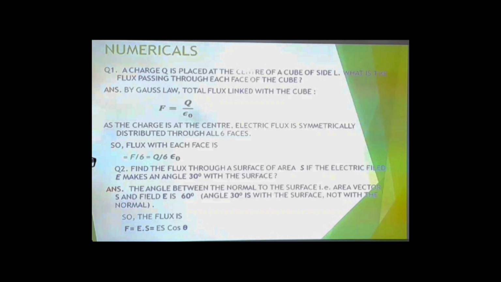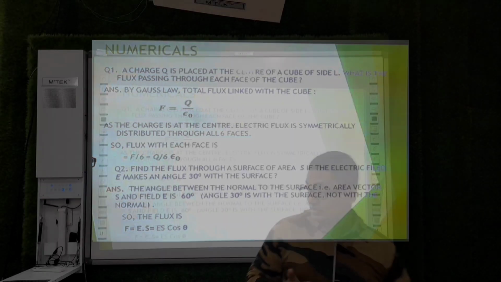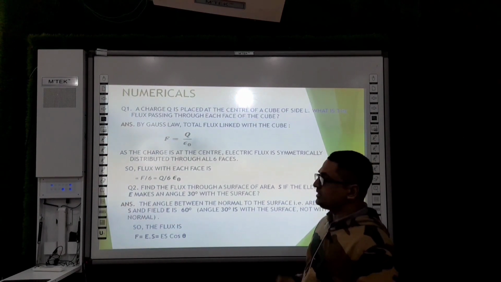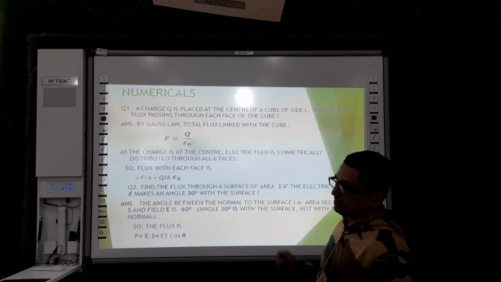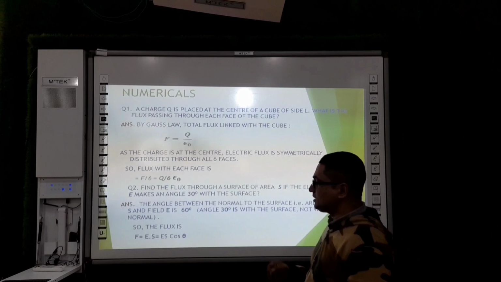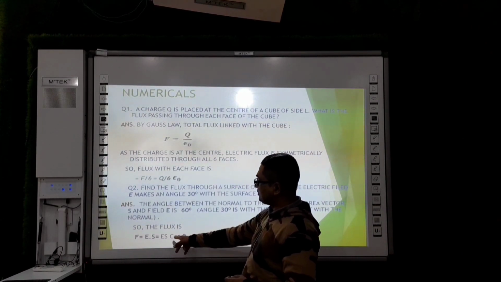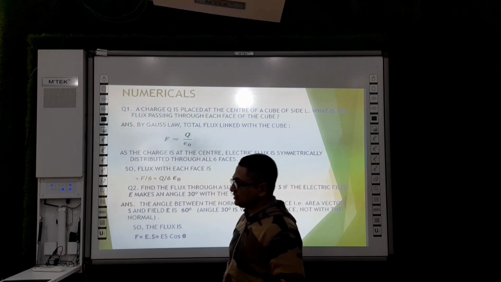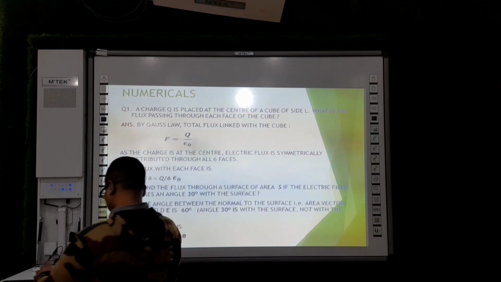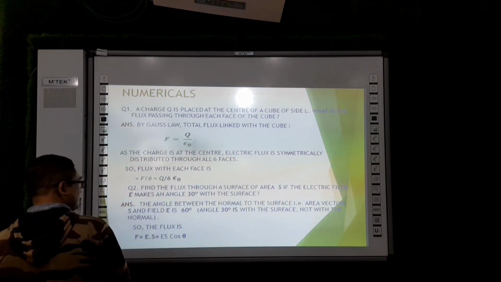As in this example, although a 30 degree angle is made by the electric field with the surface, it is actually 60 degrees with the normal to the surface, since 90 minus 30 equals 60. So as analyzed, the answer is cos 60 here.